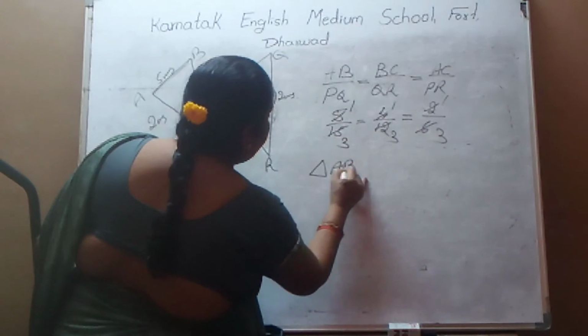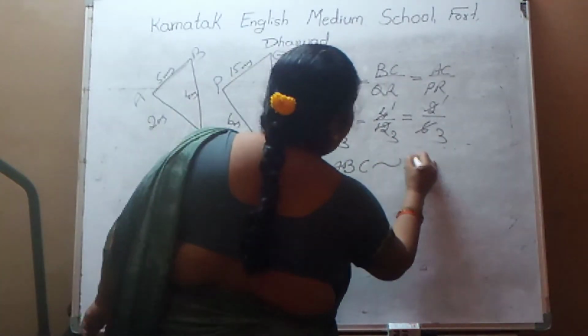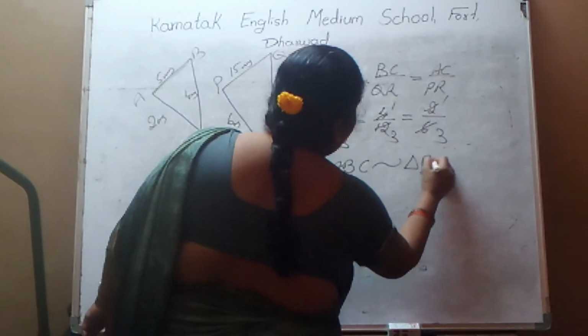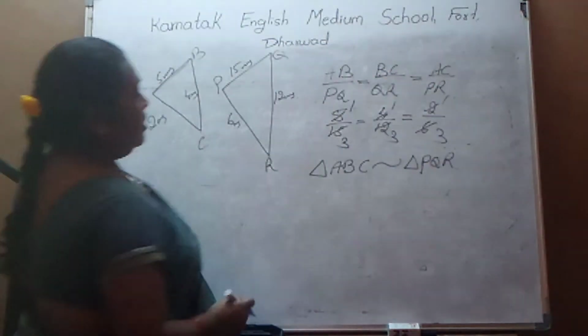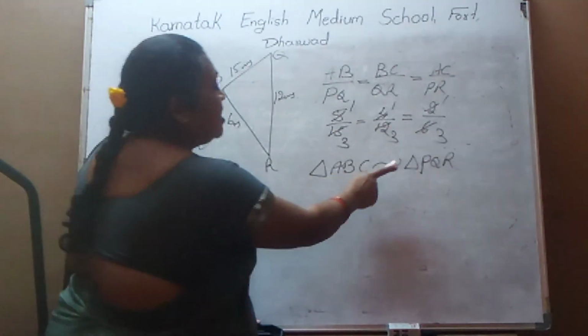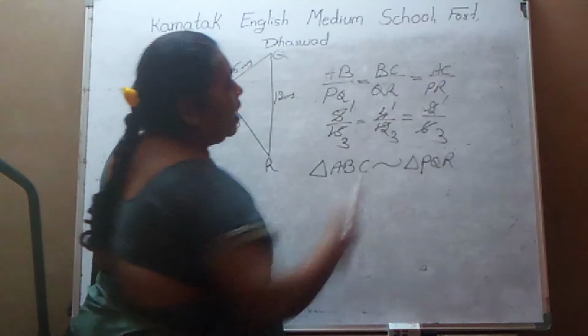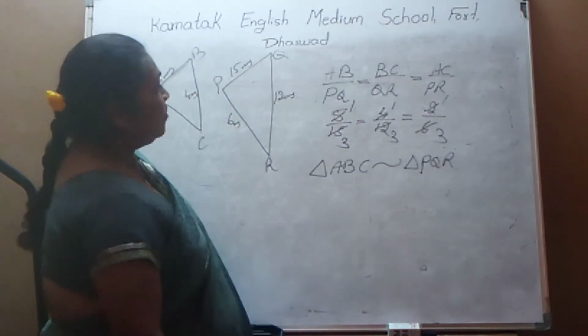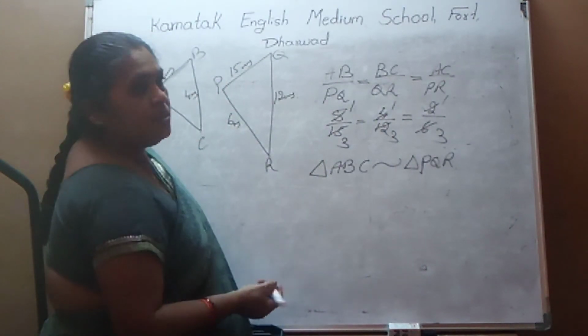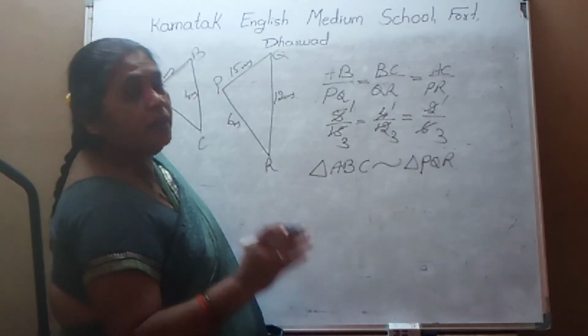Triangle ABC, this is the symbol of similar, similar to triangle PQR.